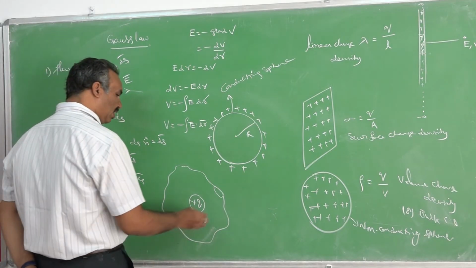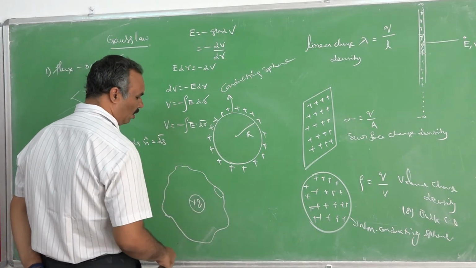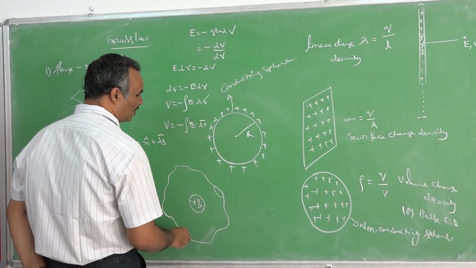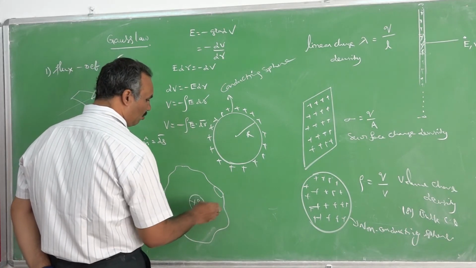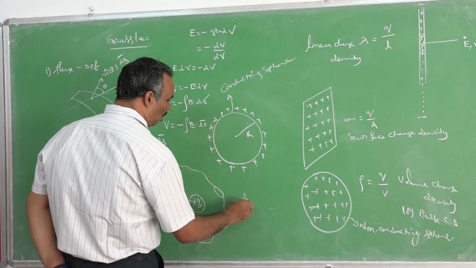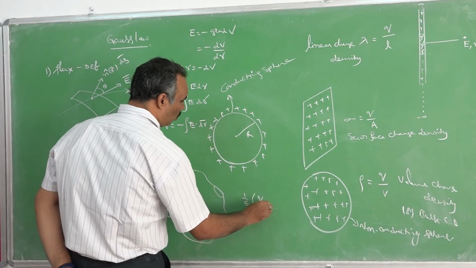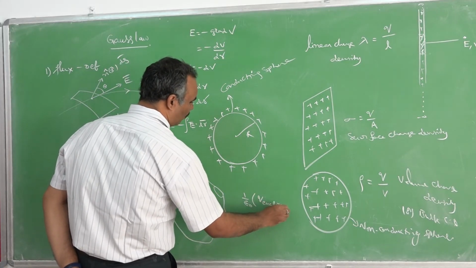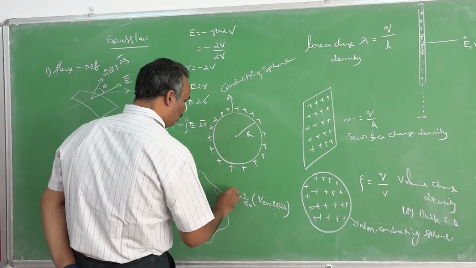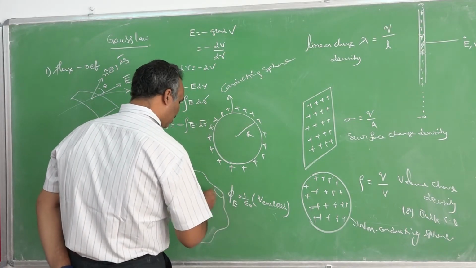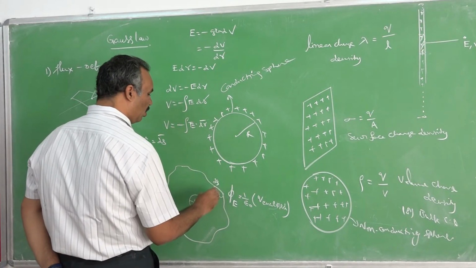So the flux passing through the entire area is given by 1 by epsilon naught times Q enclosed within the surface. So the total electric flux passing through, that means here also you should consider small ds.